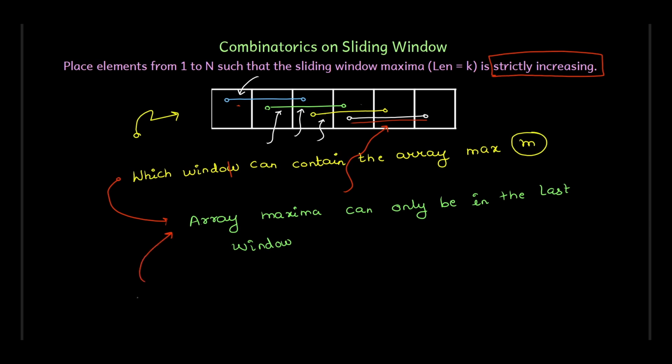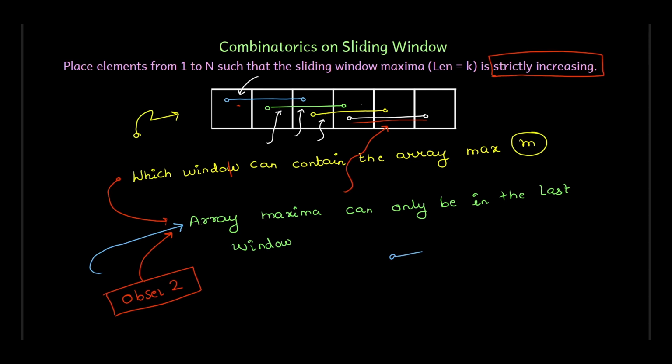Observation 1 was getting the intuition that you had to track the maximum element of the array along with the duplicates. And observation 2 is that the maxima has to reside in the white window. Why?